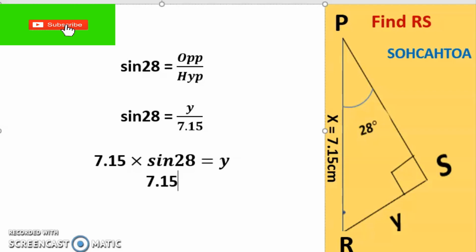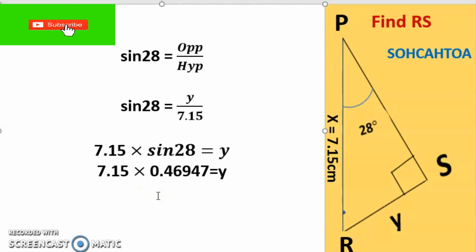So it becomes 7.15 times 0.469. Let's just put the whole value: 0.46947 equal to Y. Now to solve for the value of Y here, we multiply 7.15 by 0.46947.